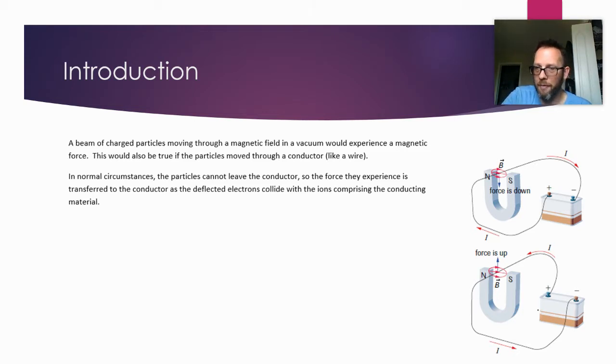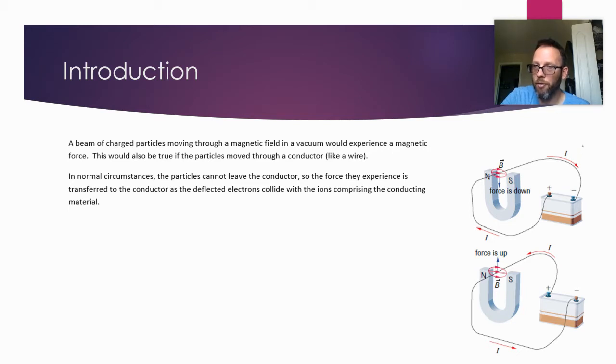The diagram here illustrates that we're now moving beyond a single charge and talking about a current. The symbol we use for current is I. Something you learned in your grade 11 course is that the direction of current is defined to be the flow of positive charge.